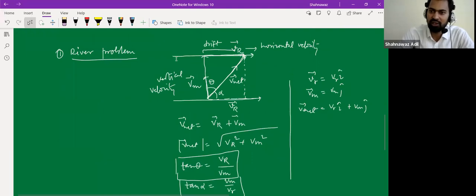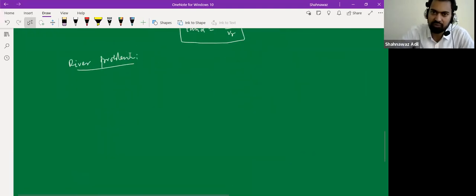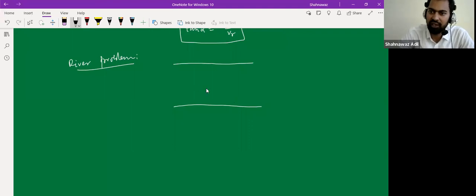So what is the shortest path between, let's just say, this is the width of the river, and he starts from here.